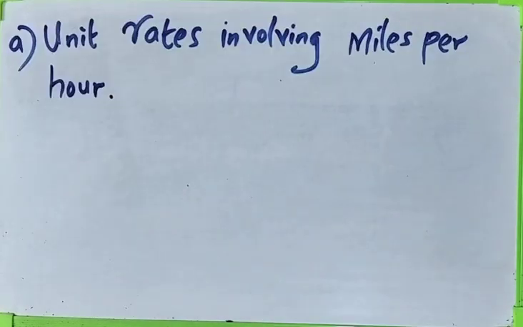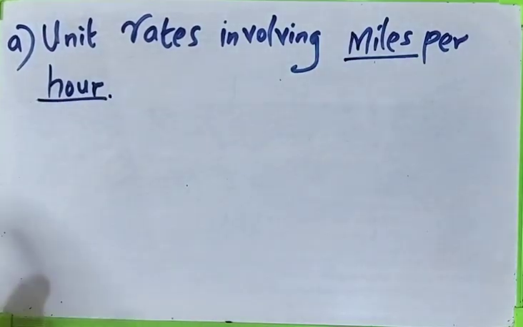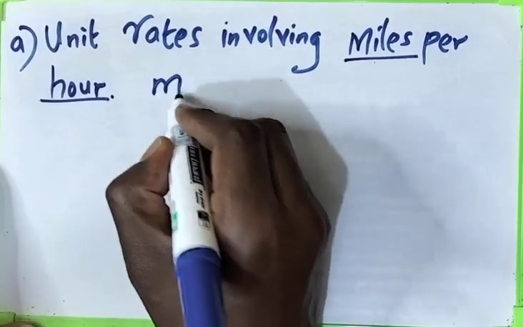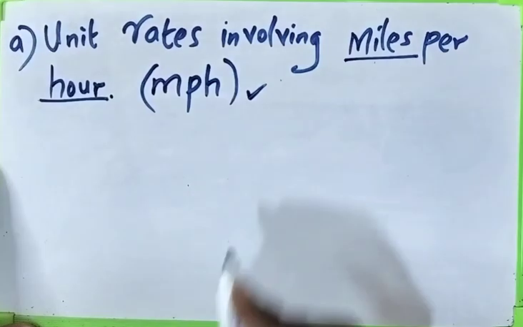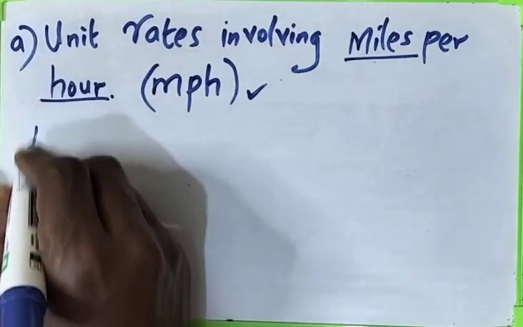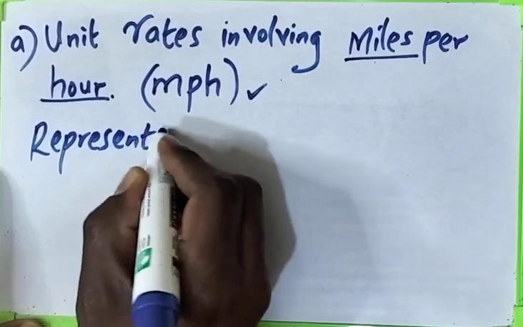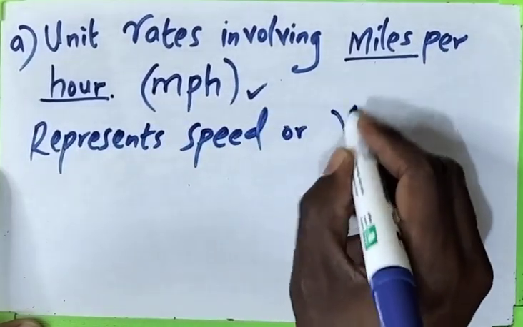So unit rates involving miles per hour, you'll commonly find them written as small m, p, and h. This one is miles per hour. It represents speed or velocity.